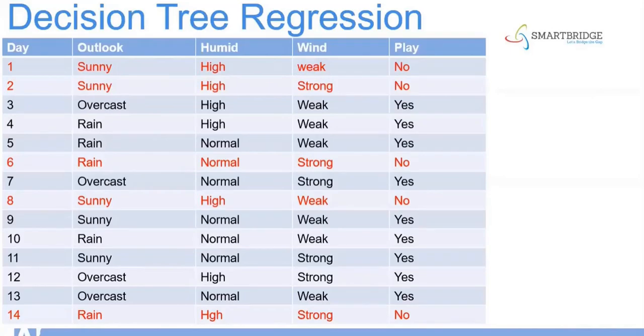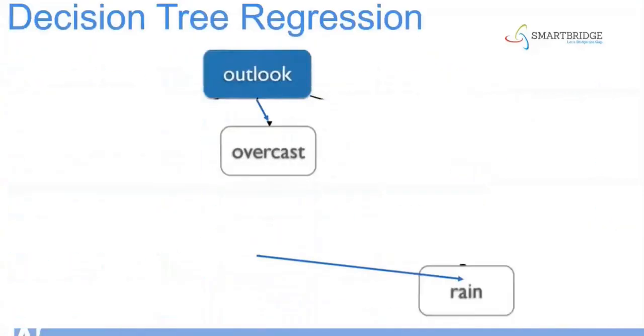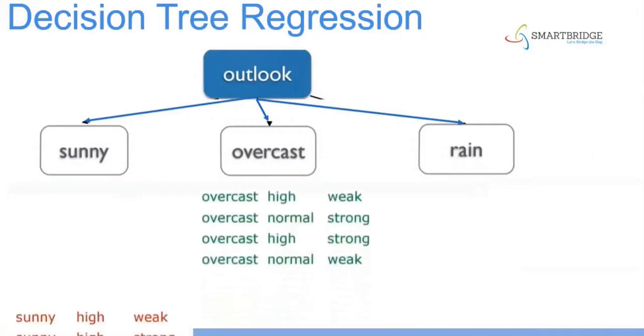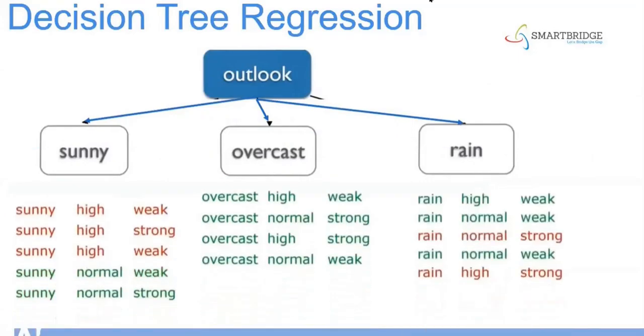Sunny, rainy and overcast. So whenever you divide the data, it becomes like this. Yes or no? Did you understand this? So in outlook, I have three categories: overcast, rainy and sunny.